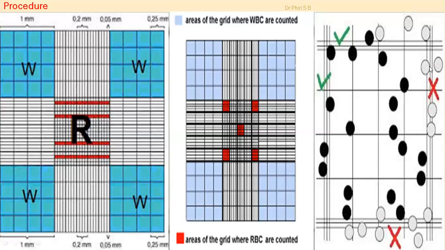So it's either you count the top and the left margin, or you count the bottom and the right margin. You don't count all the cells touching these margins here. I hope you understand. So in this case, if you're just counting those cells touching the top margin and the left margin, then all the cells touching that line, you count them.